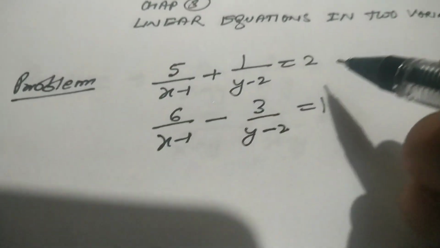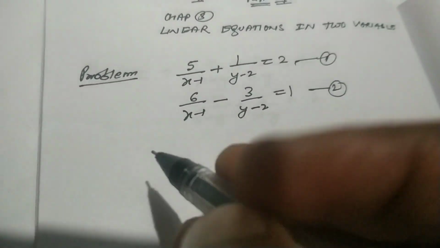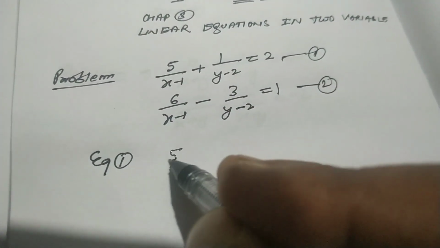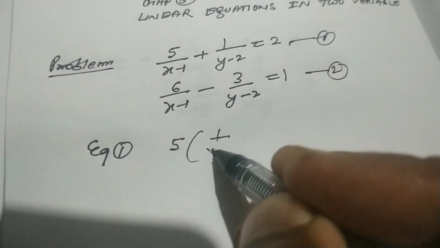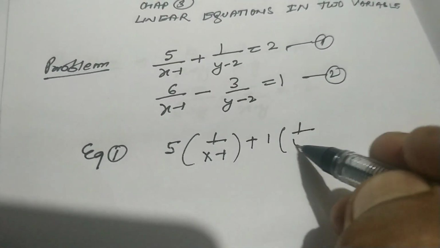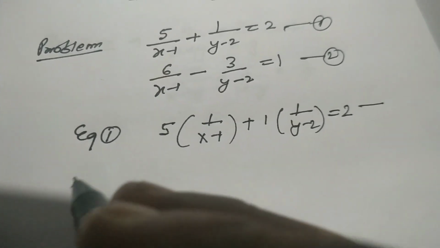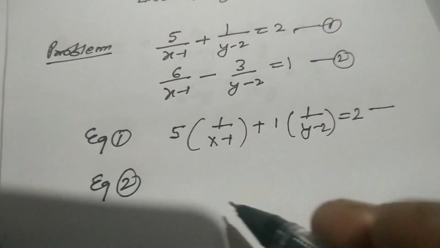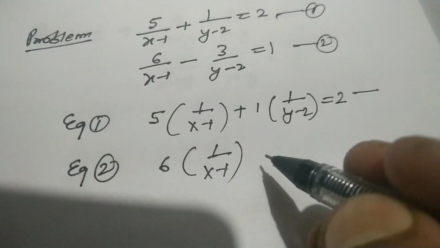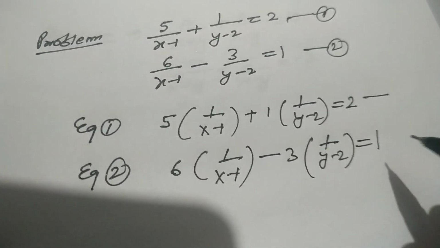Let this be equation 1 and let this be equation 2. Equation 1 can be written as 5 into 1 upon x minus 1 plus 1 into 1 upon y minus 2 is equal to 2, right? And then equation 2 can be written as 6 into 1 upon x minus 1 minus 3 into 1 upon y minus 2 is equal to 1.